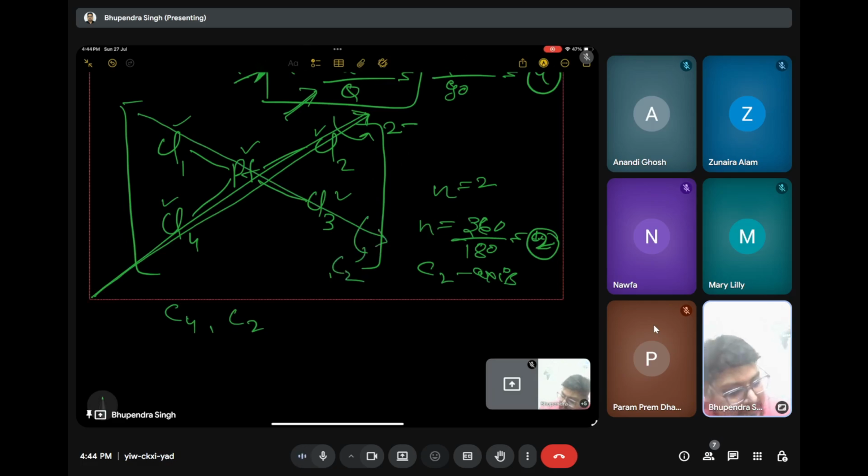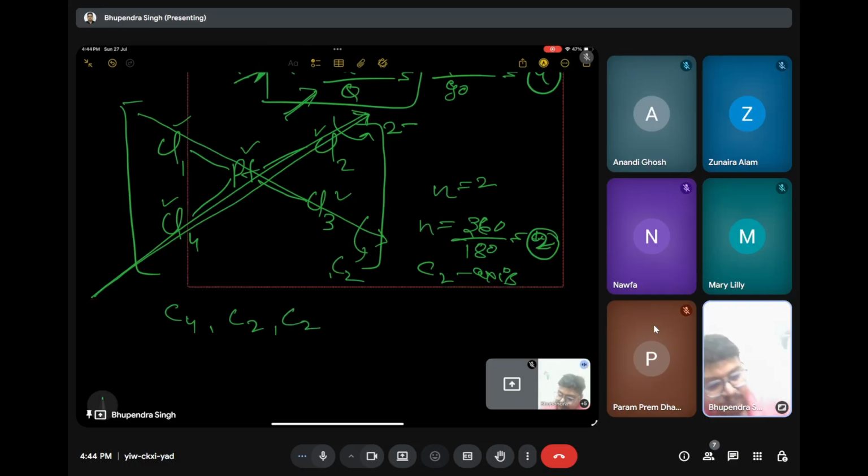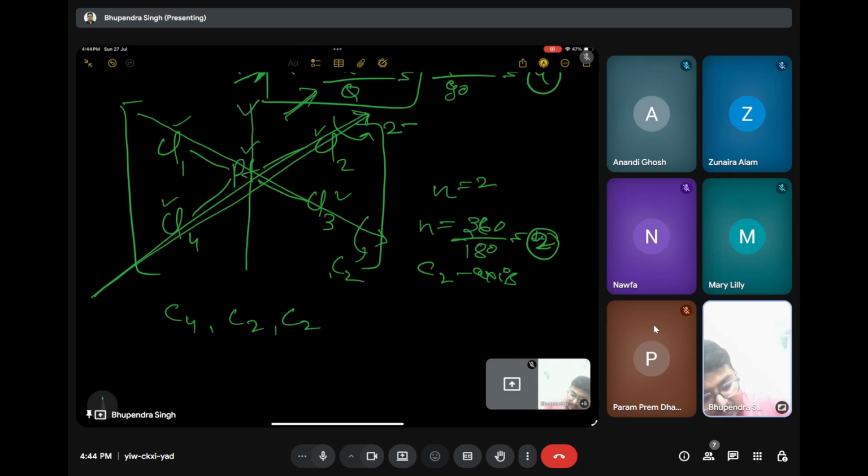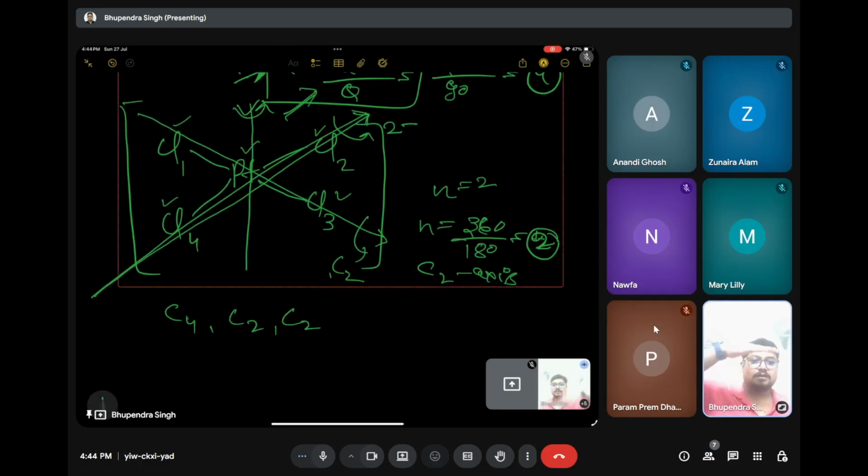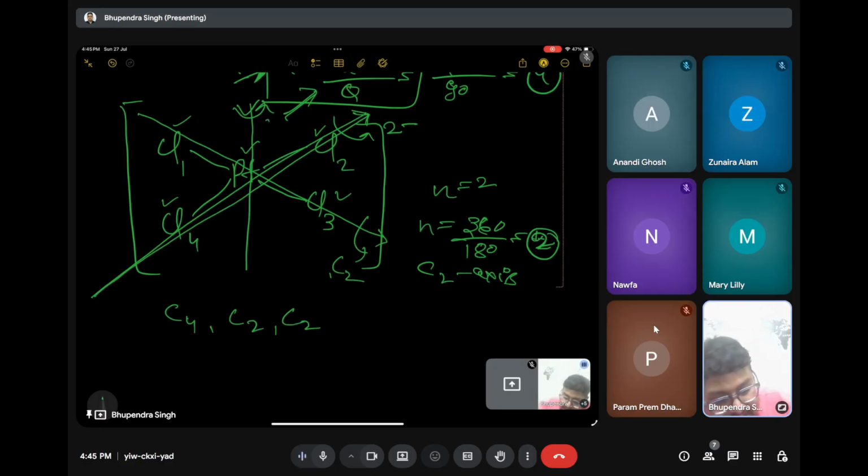If you rotate along this axis, let's say 1 Cl, 1 Cl, 1 Cl, 1 Cl, Pt is here. Now you are rotating like this by 180 degrees, just flip it. So this is another C2 axis.